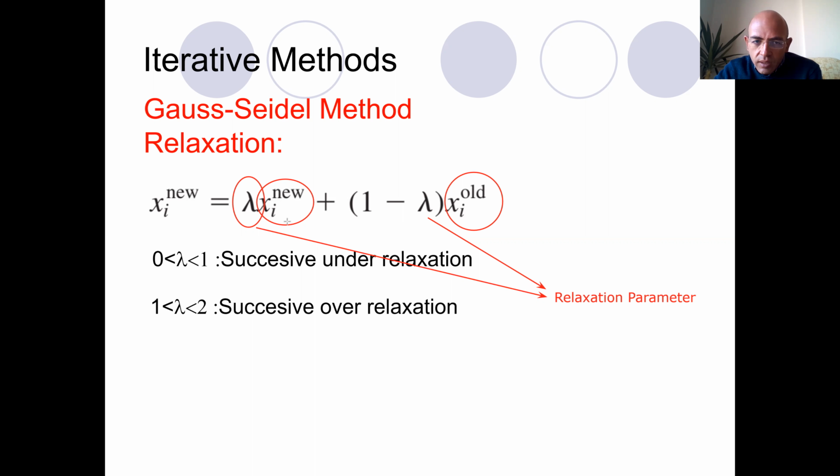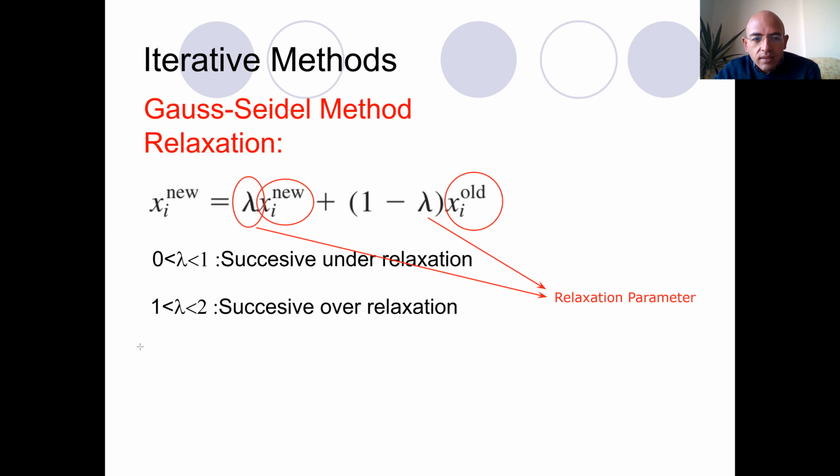Let's say that x new and x old, the difference between x new and x old gives you delta, the change in the variable.